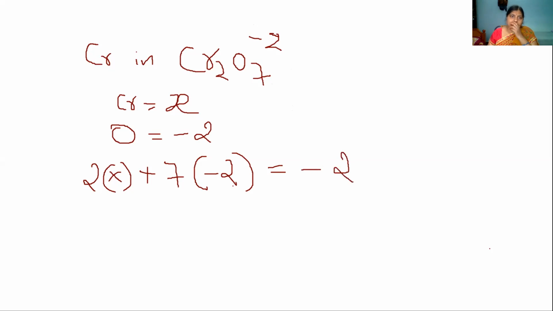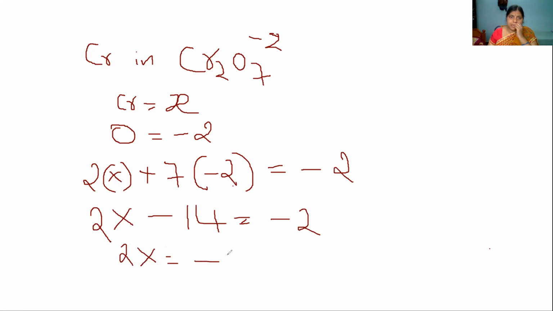Now 2 into x, 2x, plus 7 into minus 2, that is minus 14, is equal to minus 2. Then 2x is equal to 14 will come this side.